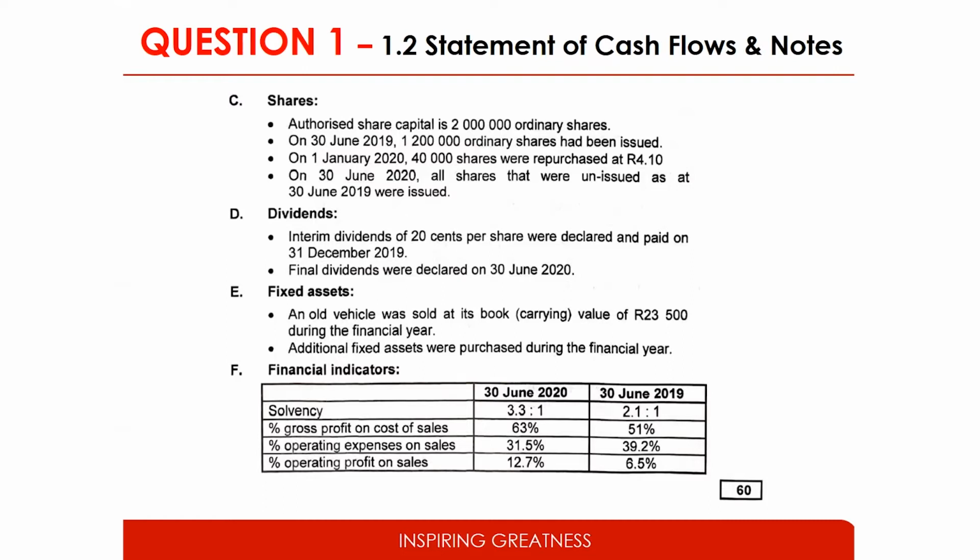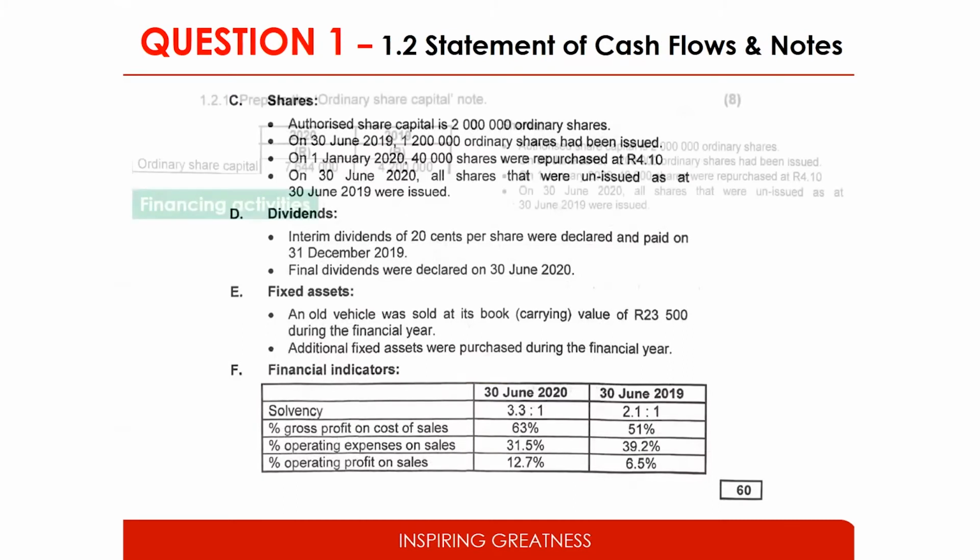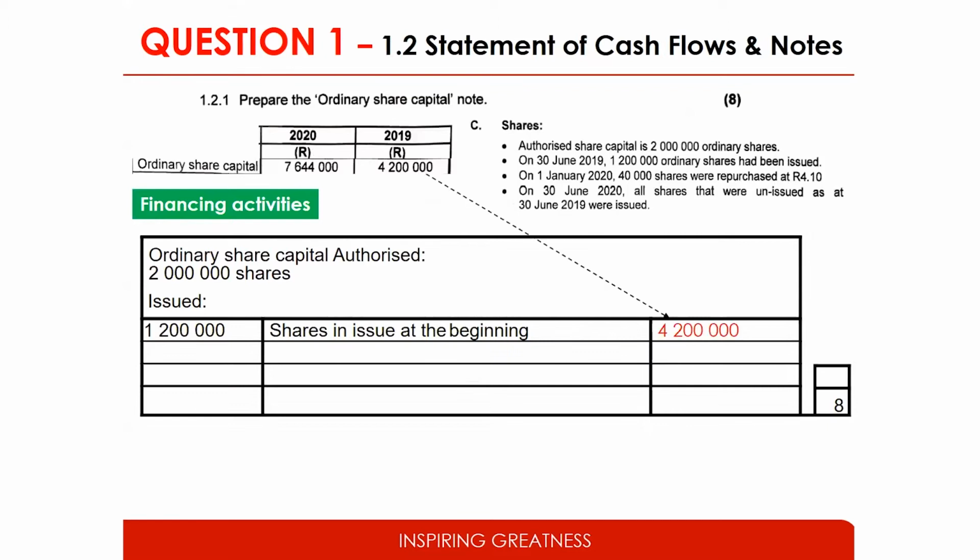So you can see from the last 3 bullets there that 1.2 million shares have been issued, and that is depicted also in our balance of ordinary share capital, which is 4.2 million rand.